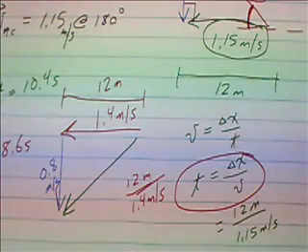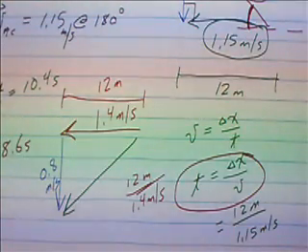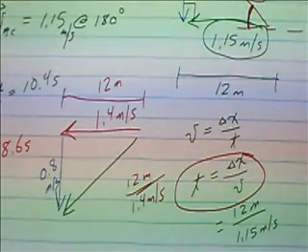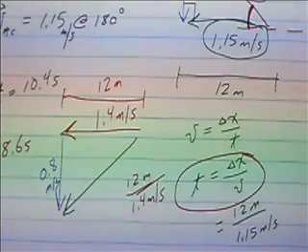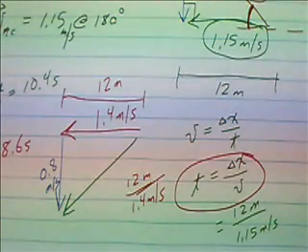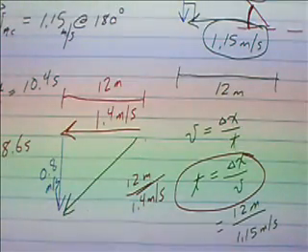Now the second part of the question, B, or C, is where does she end up? And of course, the answer to that lies in where she goes relative to the ground.